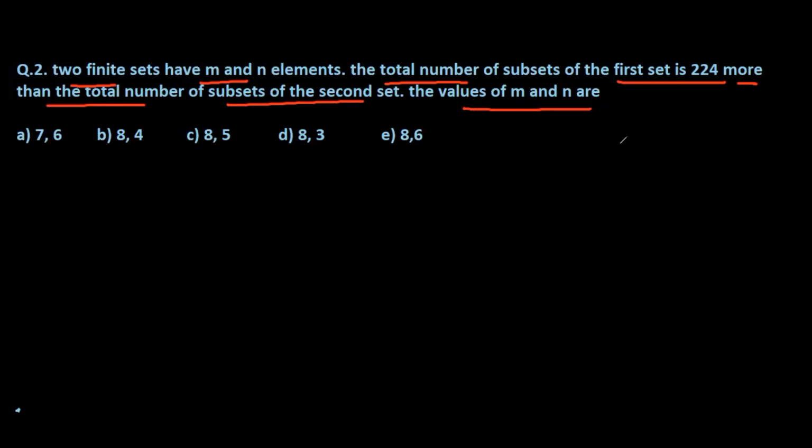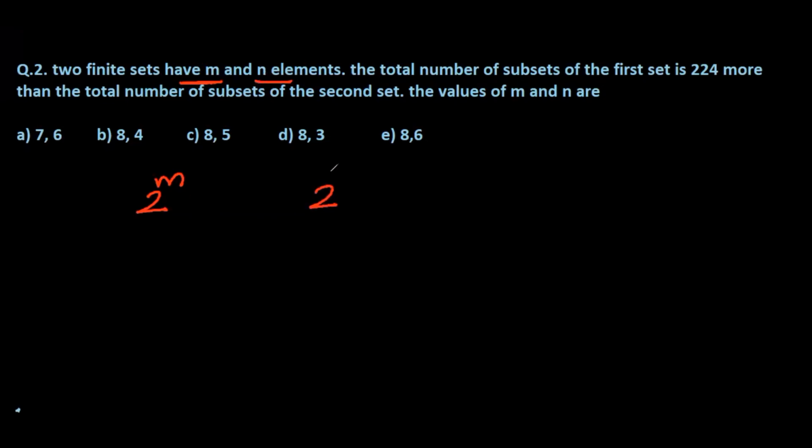Here the number of elements in those two sets we have to find out, and the clues given are like this. The first set is having m elements, so the number of subsets of the first set is 2 raised to m. The second set is having n elements, so the number of subsets for the second set is 2 raised to n.